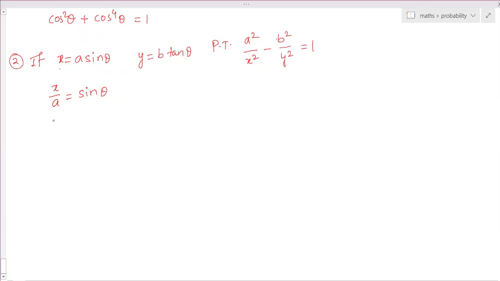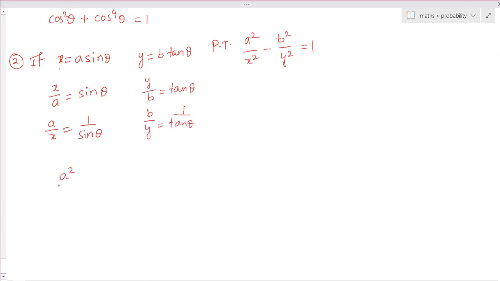So take the reciprocal. A by x is equal to 1 by sine theta. And here y by b is equal to tan theta. So b by y is equal to 1 by tan theta.